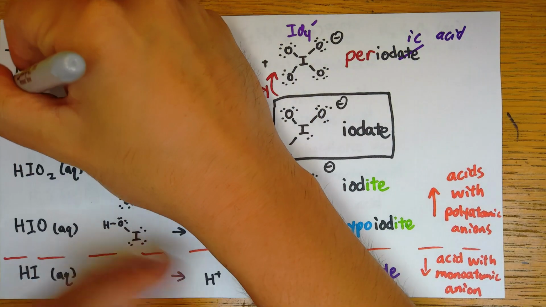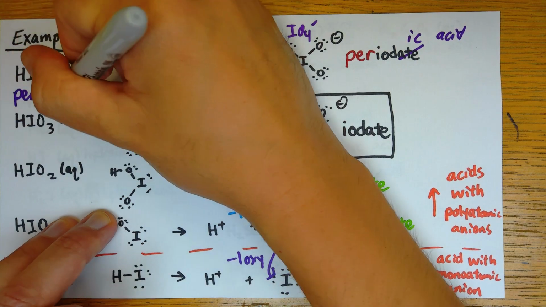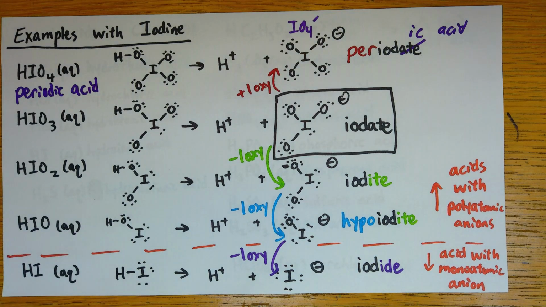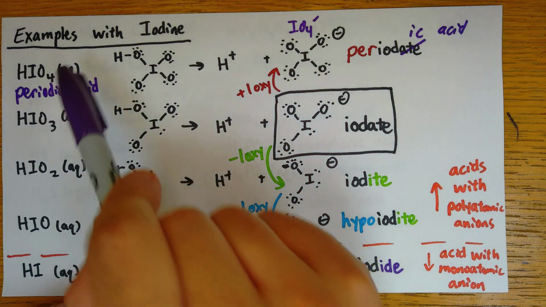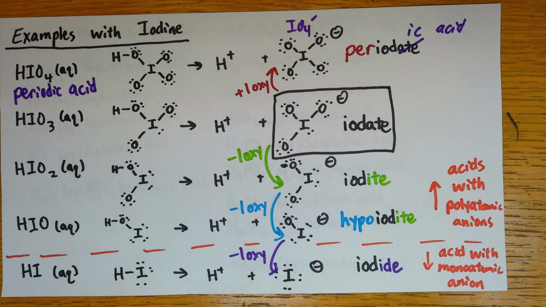So this would be periodic acid. All right, my common dad joke for this acid is that it's the periodic table's favorite acid because periodic is the same spelling as periodic. All right, let's keep going.